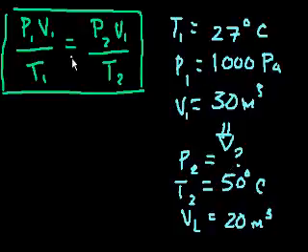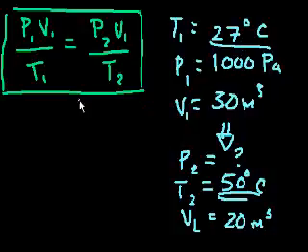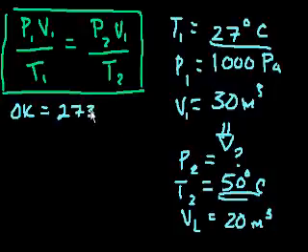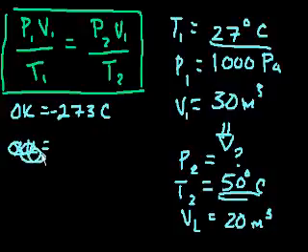So before we just substitute into the equation and solve for the new pressure, remember, if they gave it to you in Celsius, convert to kelvins. And if they gave it to you in Fahrenheit, which they seldom do, then convert into Celsius and then convert into Kelvin. Well, we already know that 0 Kelvin is equal to minus 273 Celsius. Or another way you could say it is x Kelvin is equal to, essentially whatever degree you get in Celsius, you just add 273 to it.